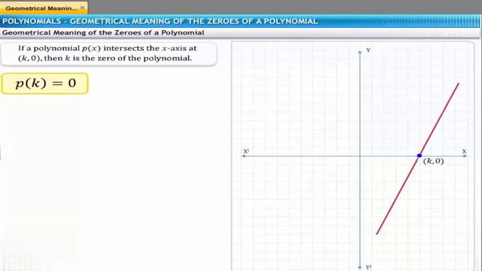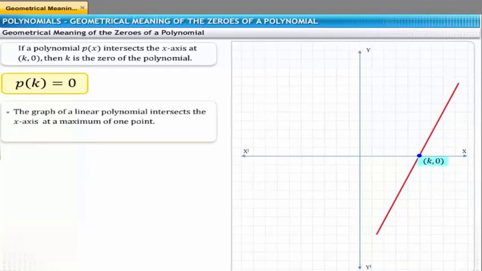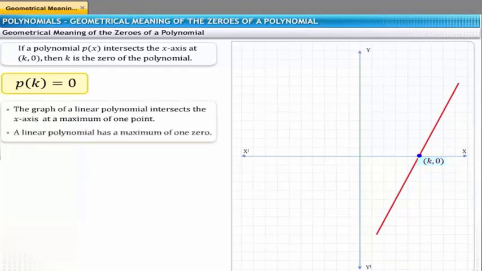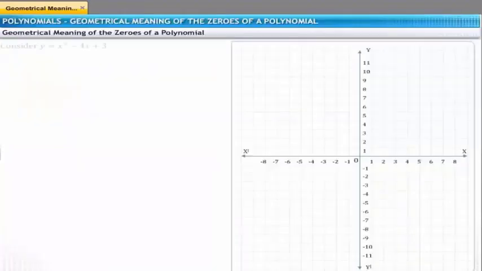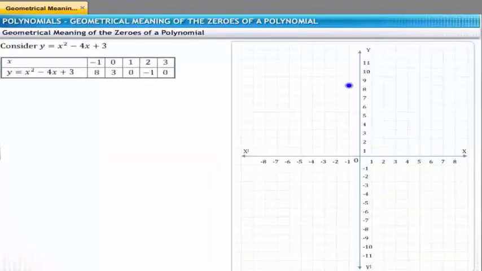The graph of a linear polynomial intersects the x-axis at a maximum of 1 point. Therefore, a linear polynomial has a maximum of 1 zero. Similarly, we can plot the graphs for quadratic and cubic polynomials.